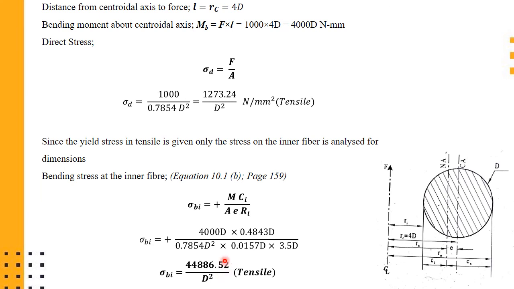This is the final bending stress equation, and it is positive, so tensile forces are acting. We'll consider only the inner fiber condition here, because the yield tension is already given with respect to the tension condition, which is basically the inner surface for this particular curved bar.